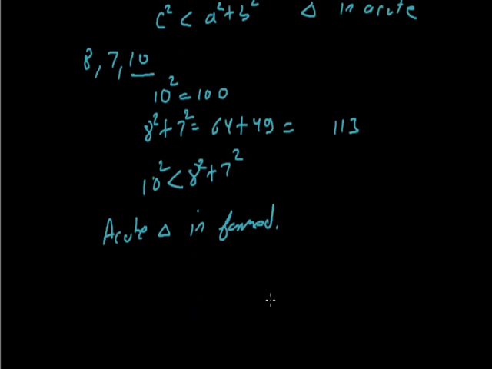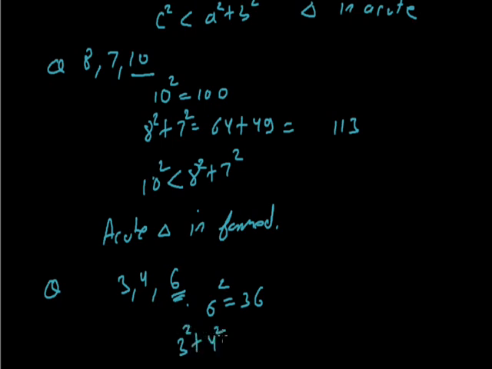Now, one more example. Let's say we have sides 3, 4, and 6. The greater side is 6, so 6 square is 36. Now the other sides' squares, 3 square plus 4 square, 9 plus 16, equals 25.